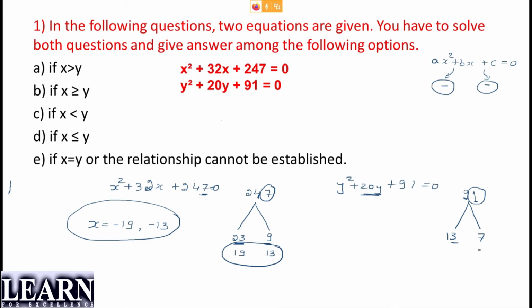Because this is the number which ends with 3 and 7. If it is not 13 and 7, then I have to go with 17 and 3. 17 3 times is less than 60 itself, so that is not going to be considered. Clear? So once we have got this 13 and 7, can I tell the y value will be minus 13 and minus 7?